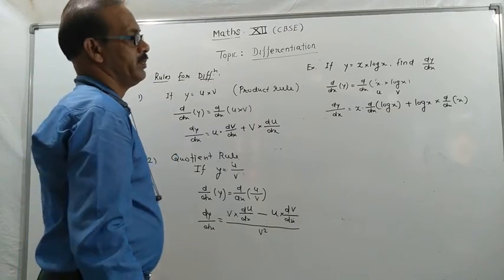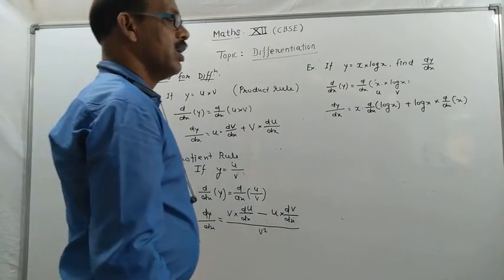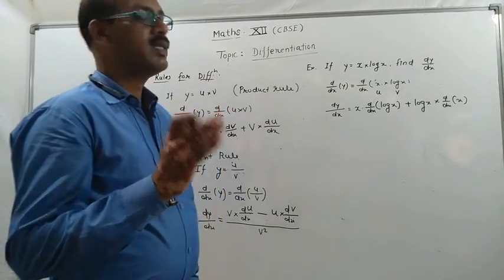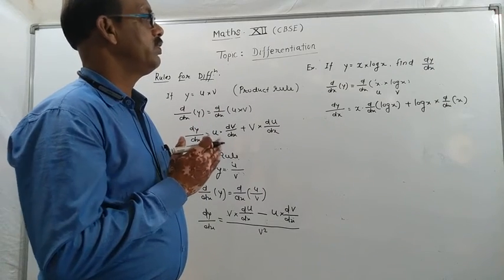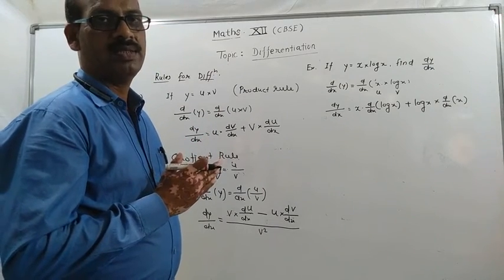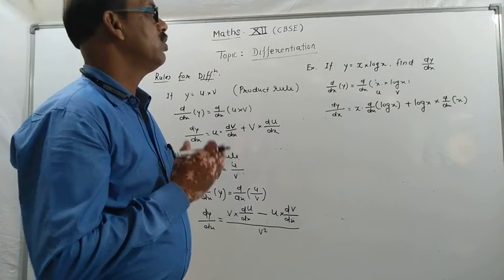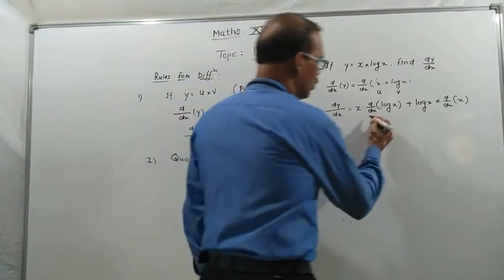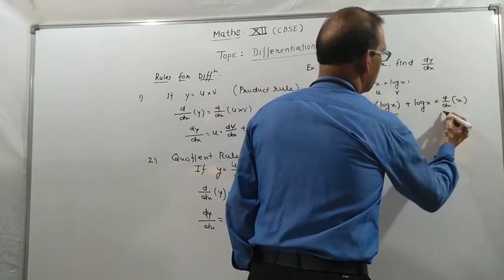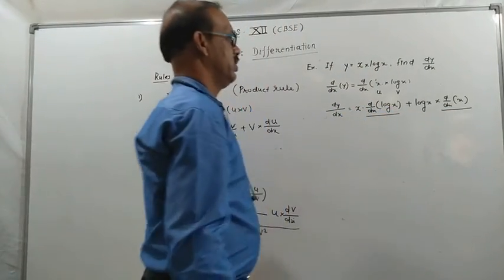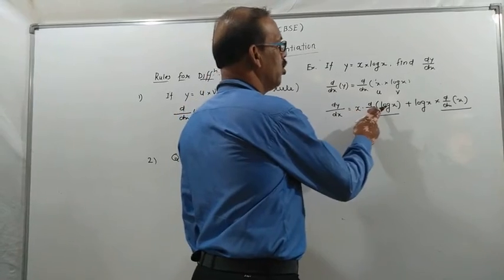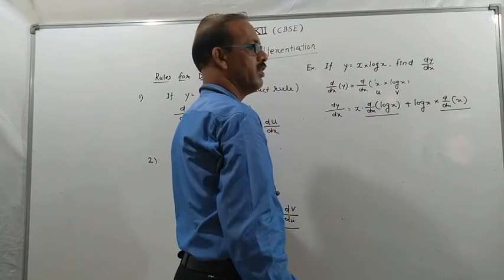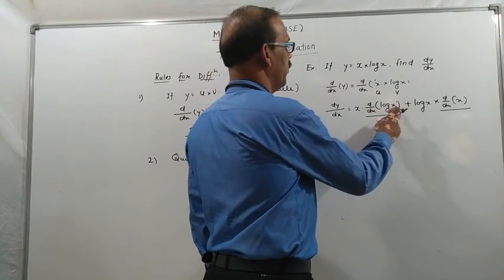Now here we are going to apply the rules which I already explained, how to apply rules or formulas to find the derivative. These two underlined terms are very important. d/dx of log x, this is the formula to find the derivative of log x.